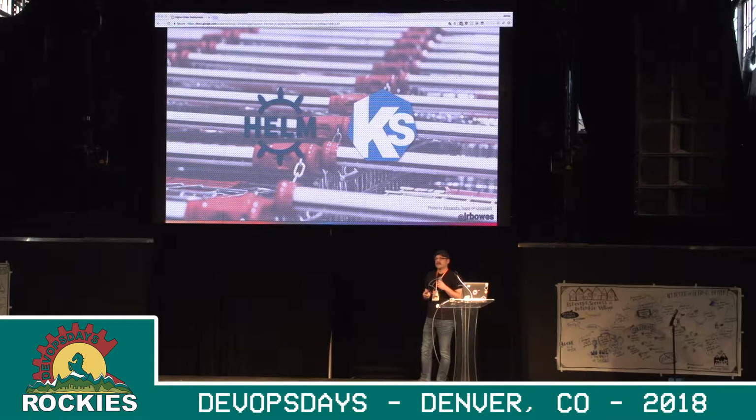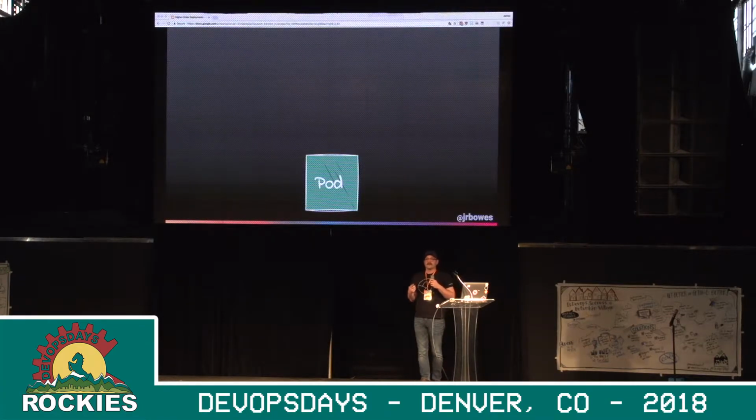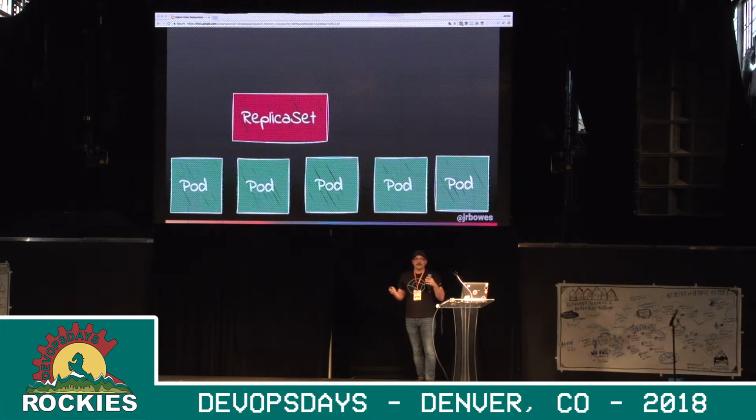So we started looking at what exists in Kubernetes itself, right? And you see the base component when you start looking at things is the pod, right? And the pod holds one or more running container images. But you don't just want to run one pod, you want to run many. So you've got a replica set that holds either a fixed or an auto-scaling number of pods.